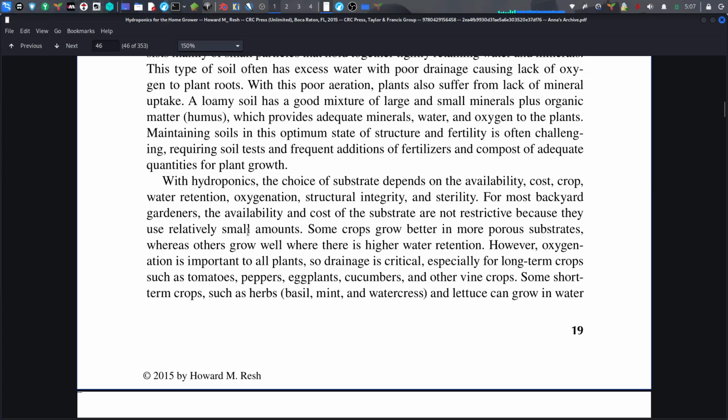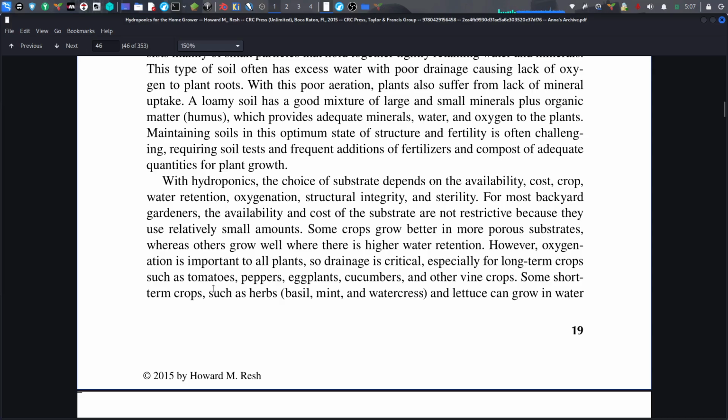oxidation is important to all plants, so drainage is critical, especially for long-term crops such as tomatoes, peppers, eggplants, cucumbers, and other vine crops.